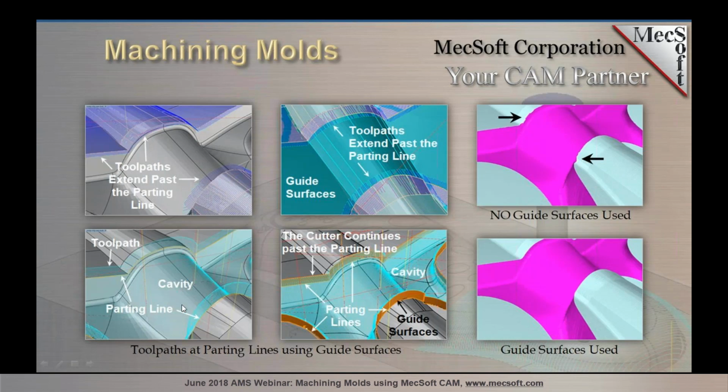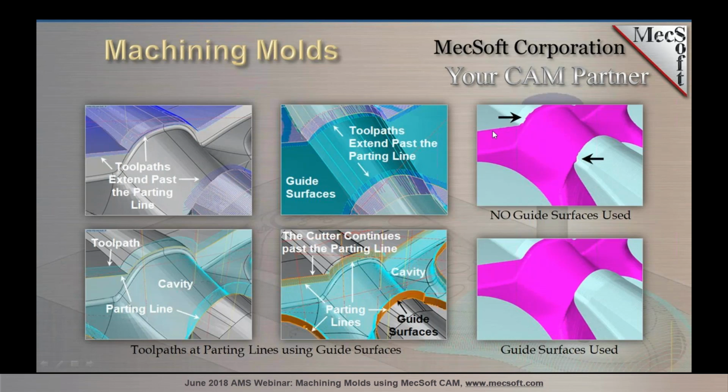And down here, it's just some other images of the cavity toolpath itself, where the tool rides up the cavity, and when it gets to the parting line, it just keeps going up to the top of the guide surface here. And you can clearly, again, see the difference in the cut material simulation. The top here on the right, no guide surfaces were displayed.